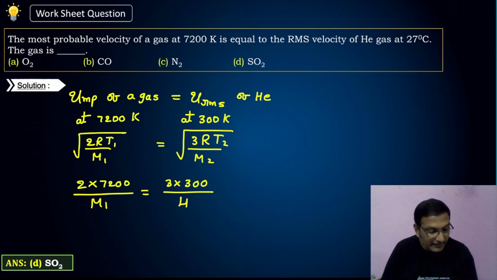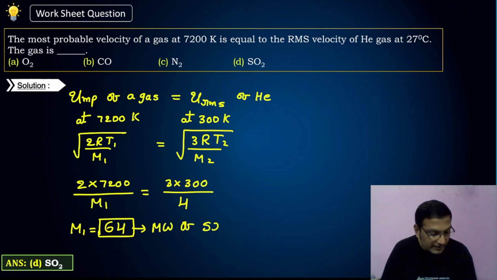Molecular weight of helium is 4. So from this, M1 value is 64. Here 64 is the molecular weight of SO2. Therefore, the gas is SO2, option D. Next.